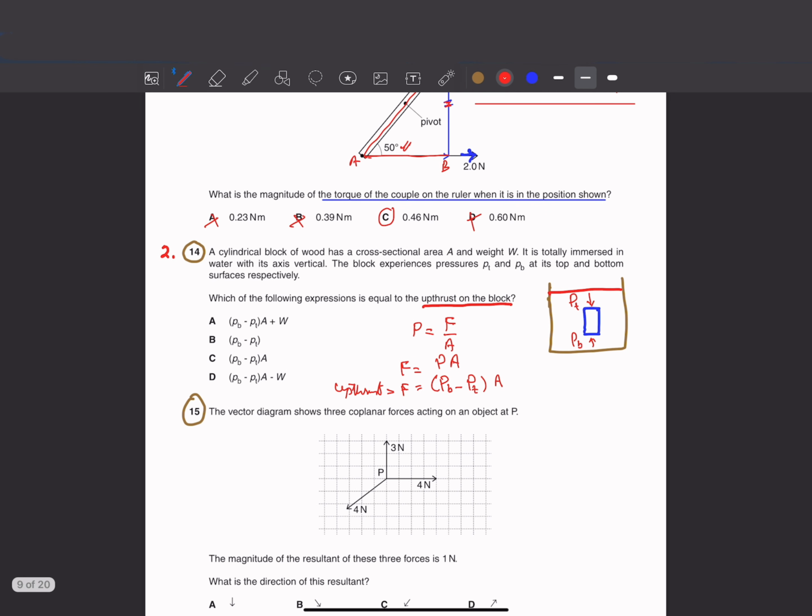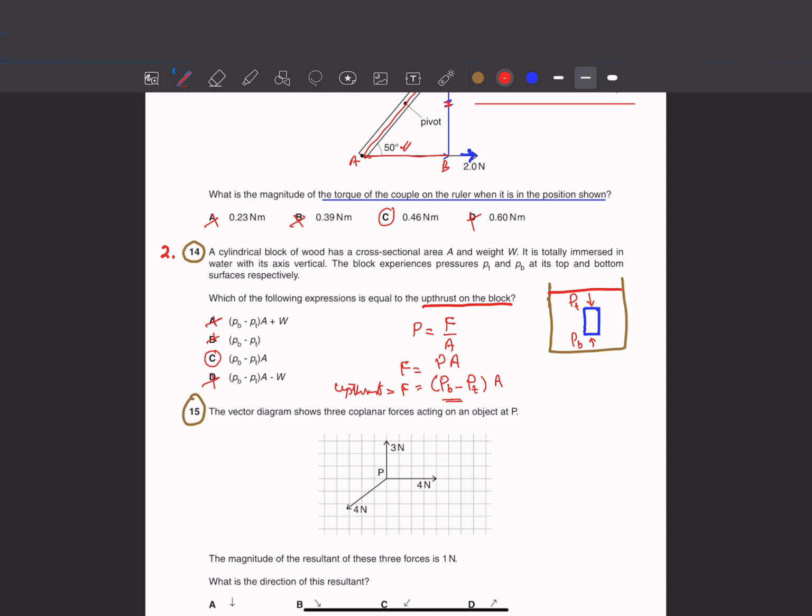Upthrust is the force which is of course upward in direction, and the result of your two pressures, bottom pressure and top pressure. The difference of these two pressures, when you multiply by area, you will get the result. So simple, again you can get the simple answer, which is C. And of course these are not the answers.